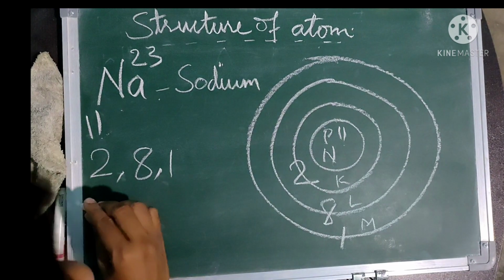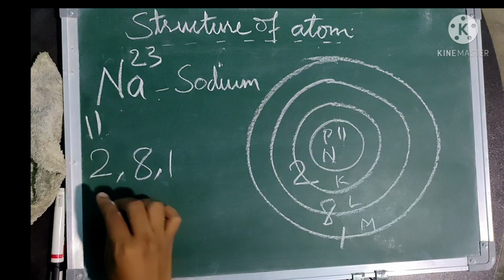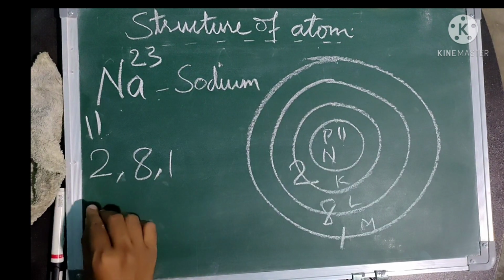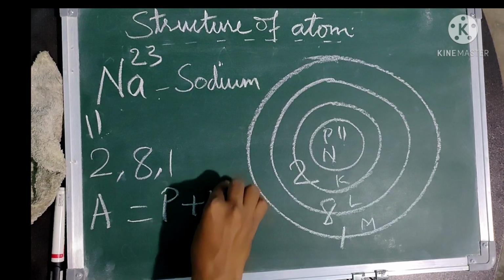And we also need to find out the other factor, that is mass number. We know that mass number A is equal to protons plus neutrons.